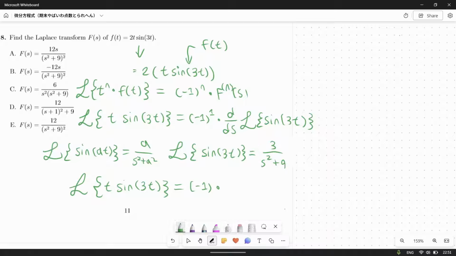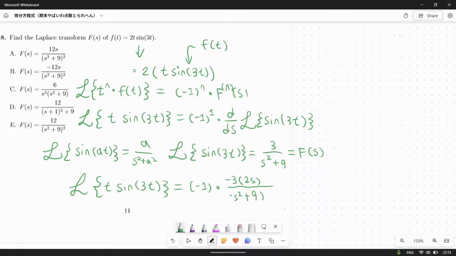So I'm going to say that this is equal to f of s. So we need to find f prime of s. That's just, we can just use quotient rule for that. So you should end up with a derivative that takes the form of -3 times 2s over s squared plus 9 squared. And then I can clean up that s a little bit.